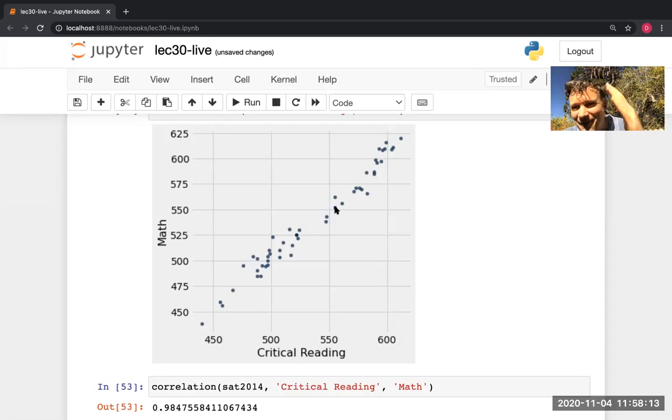It's saying that the average math score in a state is almost exactly identical to the average critical reading score in a state. Now tell me why there might be a really strong association between these averages at a state level, even though there's not much of an association at the individual level. This is tricky. This is where you get to think about your domain knowledge about SATs.